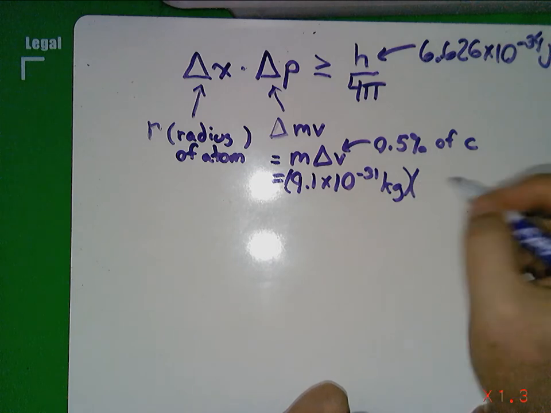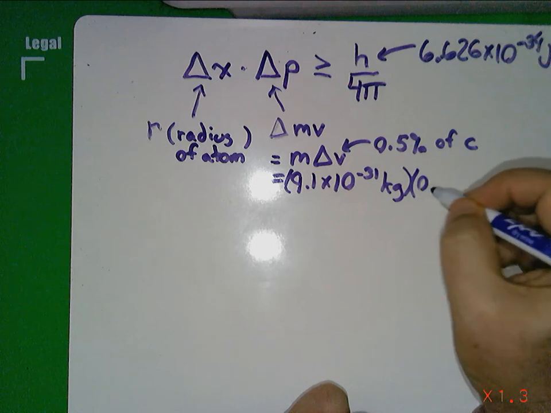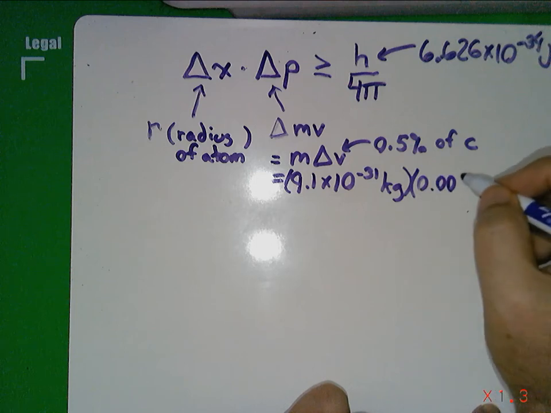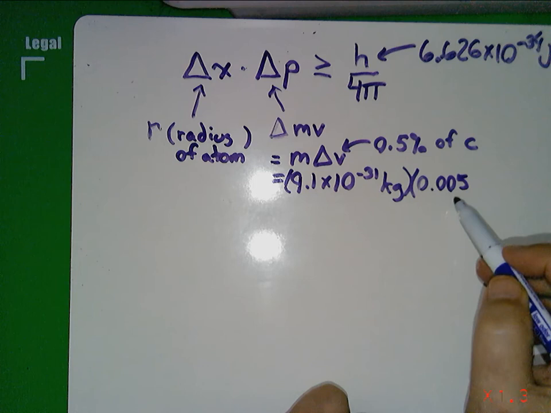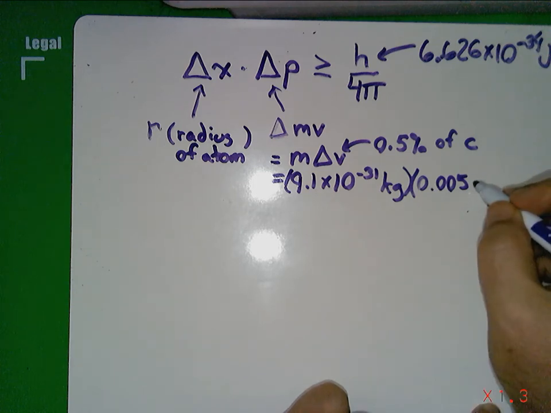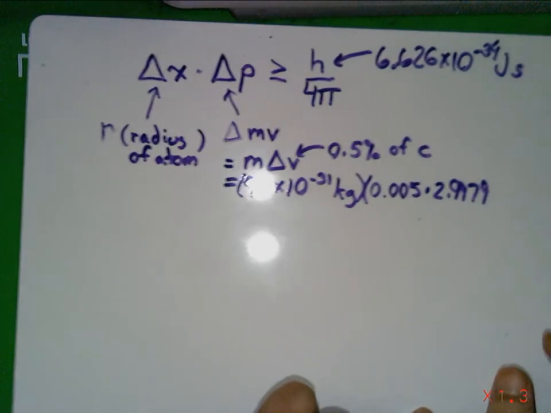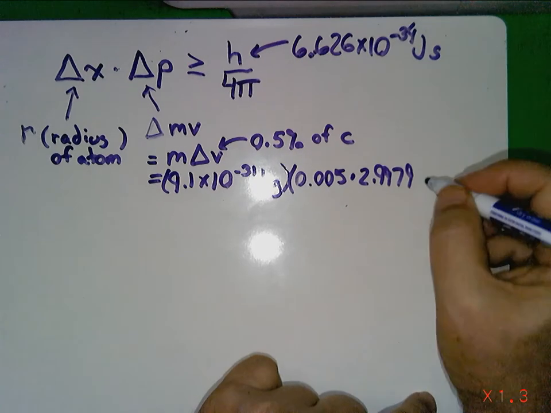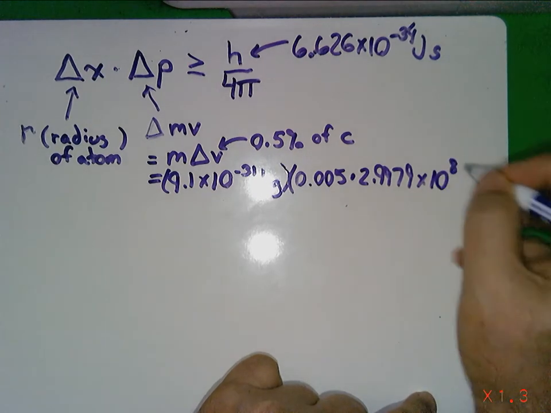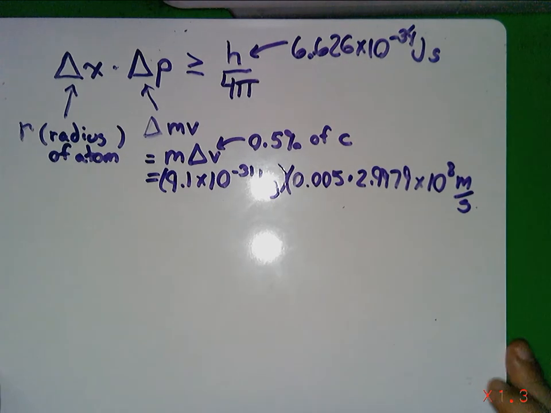So let's put a number in for that. It's going to be 0.005, because that's what half a percent is, 0.005 times the speed of light. Let's say the speed of light is 2.9979 times 10 to the 8 meters per second. I'm trying to avoid that glare spot there.